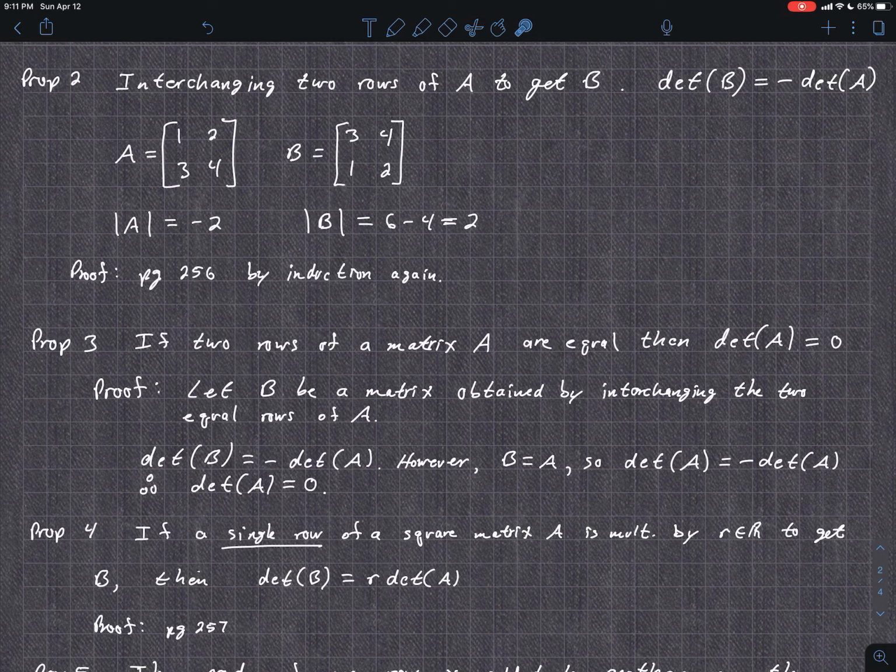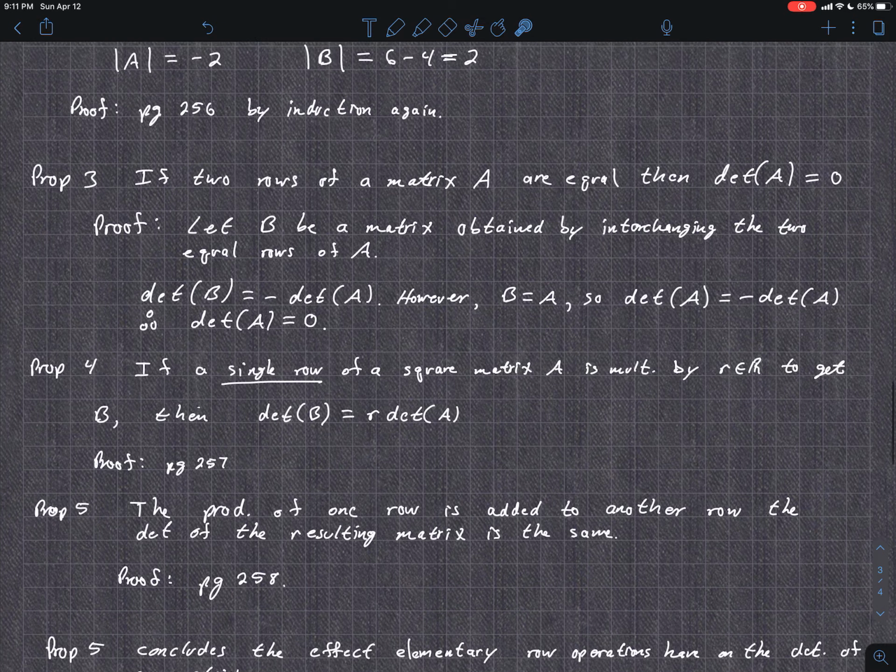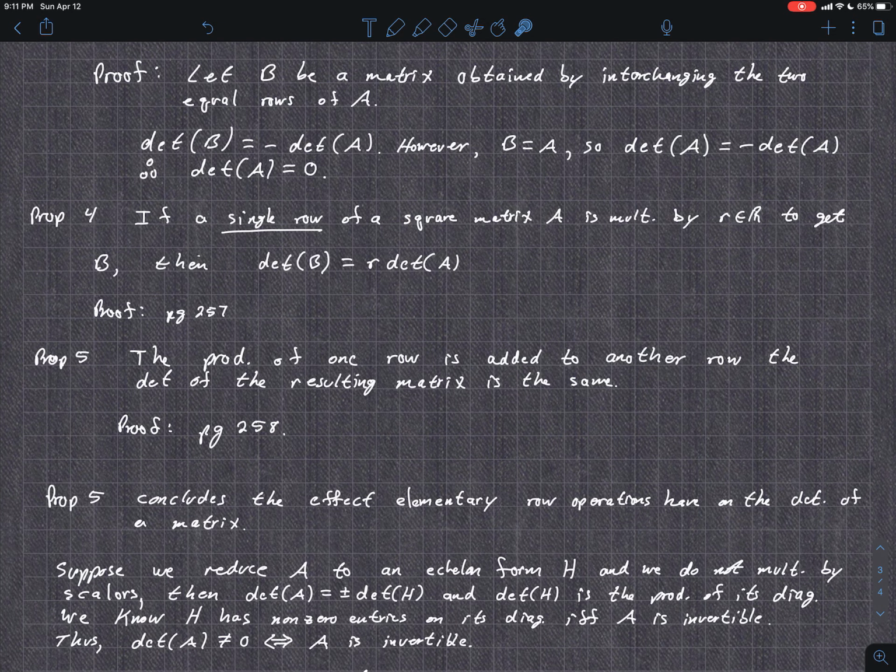So let's just suppose you interchange those 2 rows. By doing so, we get that the determinant of B is equal to negative the determinant of A. However, if you interchange those same 2 rows, you still have B equal to A. So the determinant of A is equal to negative the determinant of A.